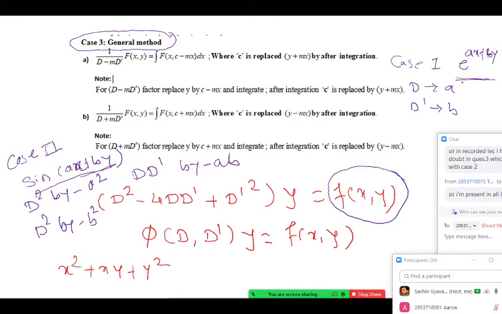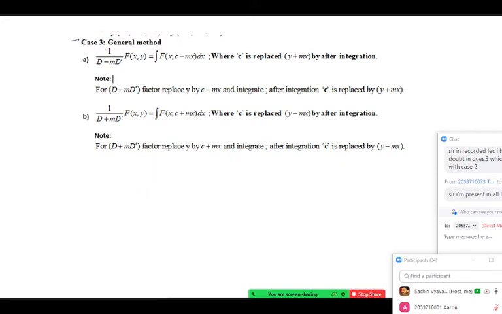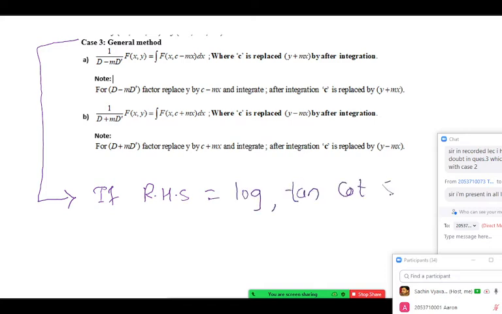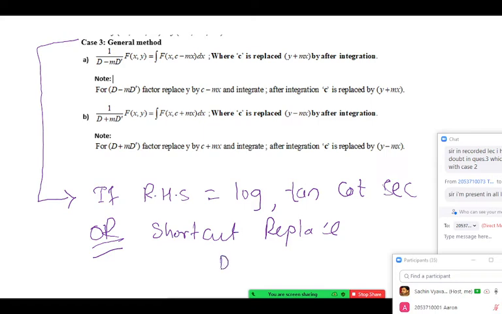The other case is when we replace D by a or D' by b, or D squared by minus a squared, and the denominator comes to 0. Then we also use the general method.